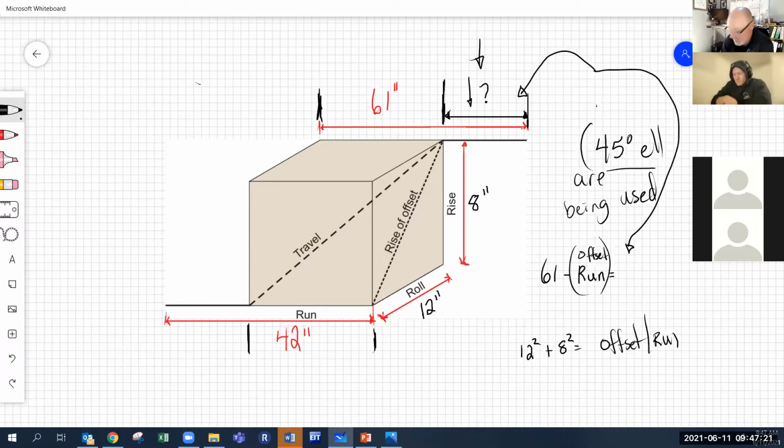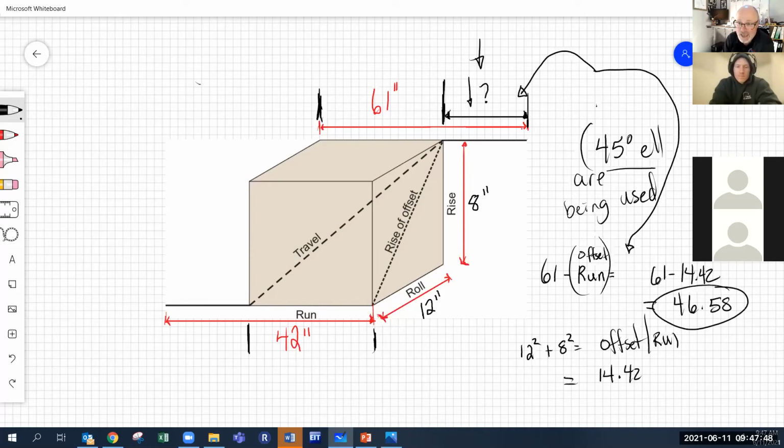So 12 squared plus 8 squared equals, and then shift square root. So the offset is equal to 14.42. And then we go 61 minus 14.42, and that equals 46.58. And that is this number right here.